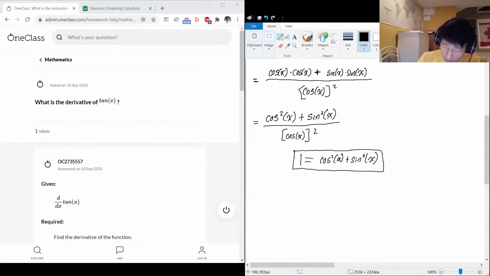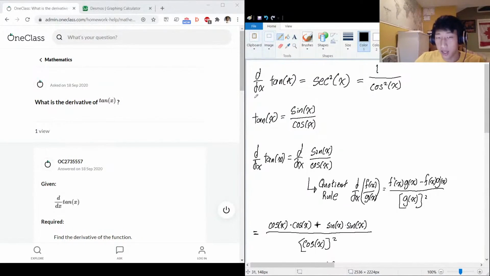So we can just replace the entire top with 1, because the cos squared x plus sine squared x, those added together, that's 1, over cos squared of x, which is equal to secant squared of x. And that is how we came to the conclusion of this being the derivative of tan x.